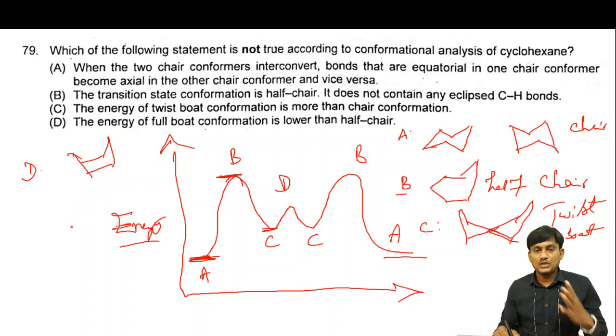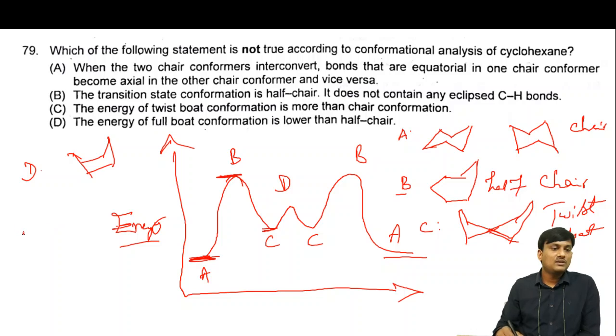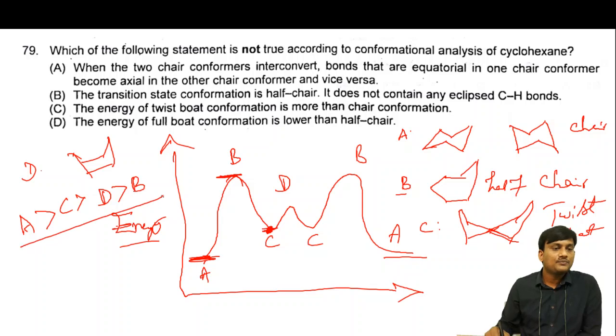Here, if you take the stability order, which one is more stable? A is more stable, with less energy, that is, the chair form is more stable. Next, the twist boat is more stable, then the boat, and the least stable is the half chair. Why is the half chair least stable?